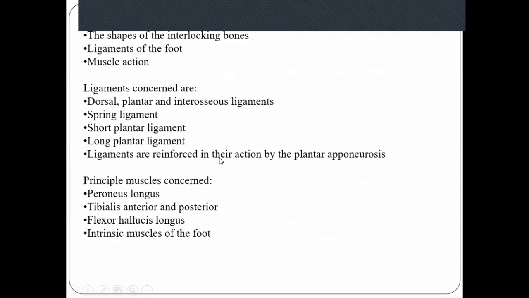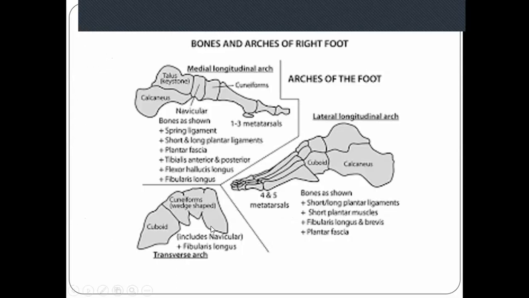So, you have to know what the maintaining factors of these arches are. These arches are maintained by the shapes of the interlocking bones. You can see these interlocking bones have a wedge shape.